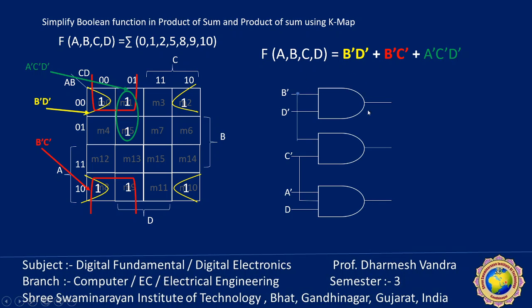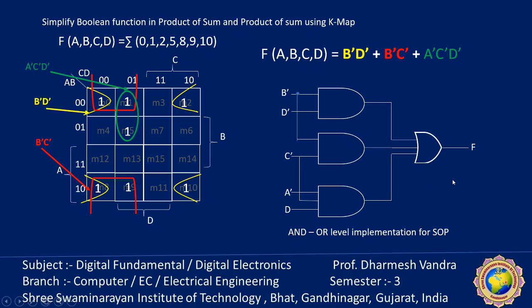So this is the diagram. Product is done by the AND operator. The first, B dash D dash, is an AND gate, so the output of gate number 1 is B dash D dash. The output of gate number 2 is B dash C dash, and the output of gate number 3 is A dash C dash D dash. After that, an OR gate is used, as all three functions are ORed.